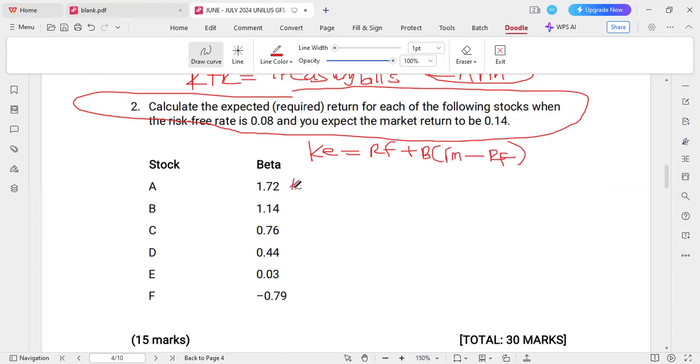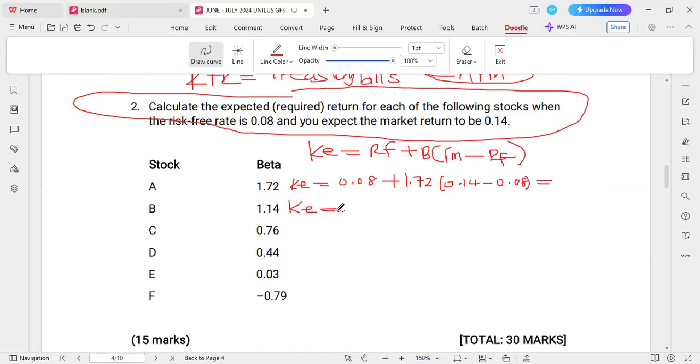So here our KE is equal to the risk-free rate of interest, 0.08, and we have the beta of 1.72. Then the return of the market is 0.14, then minus the 0.08. So we can get the value here.